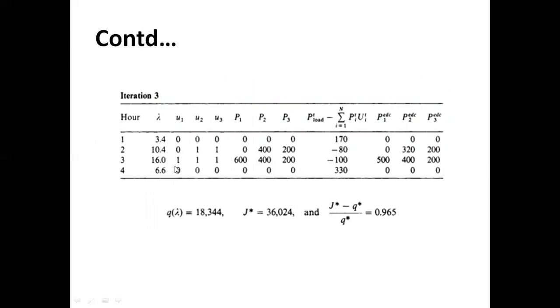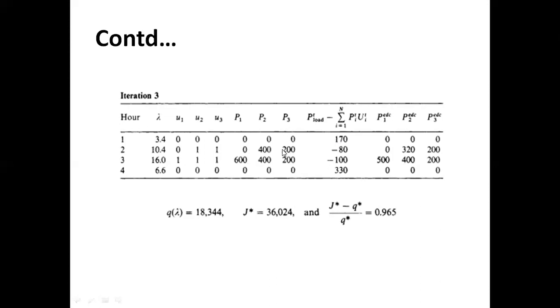Here we see that we have committed units in another hour. At hour 2, we committed units 2 and 3, and at hour 3, we committed units 1, 2, and 3, all the 3 units. So here the output is 400 and 200, the maximum power for P2 and P3, and for P1, P2, and P3 at hour 3 it is 600, 400, and 200. Here the load is 170 minus 0 equals 170 because there is no generation.